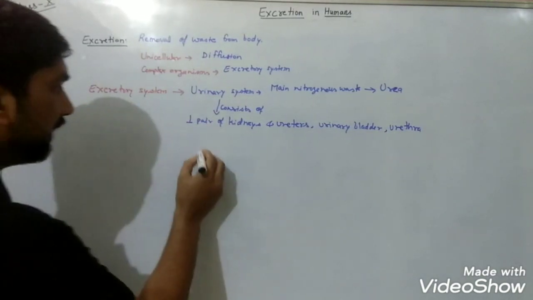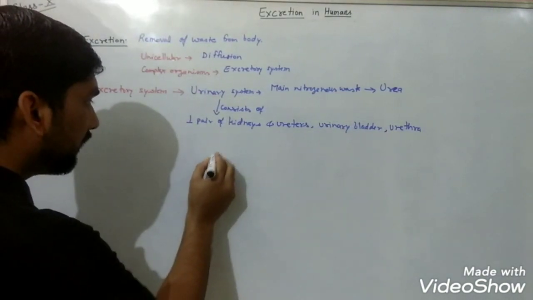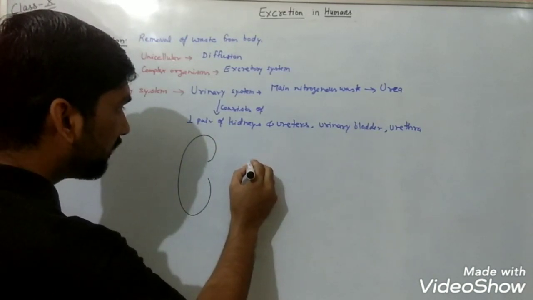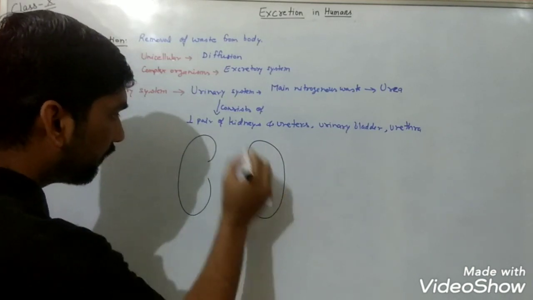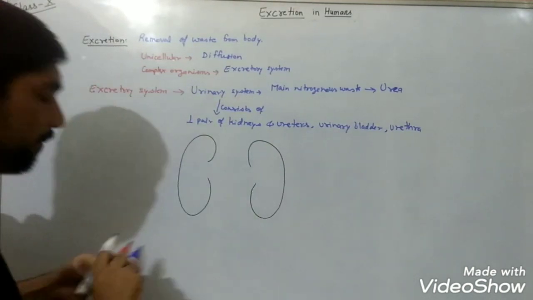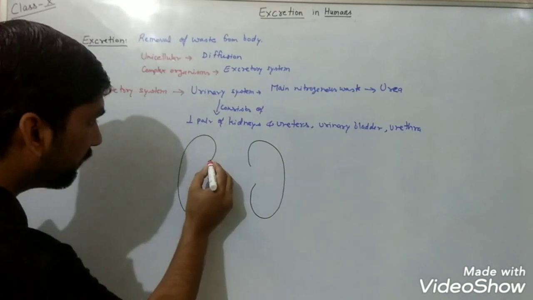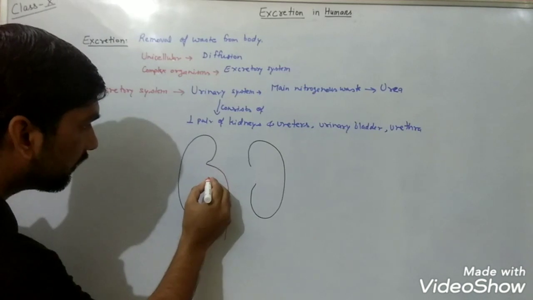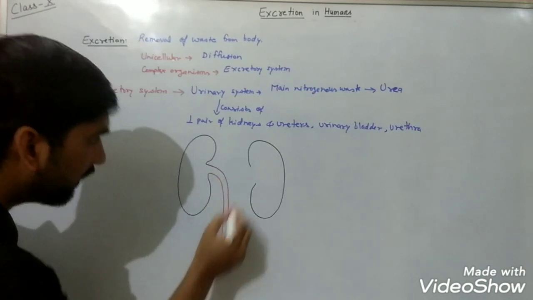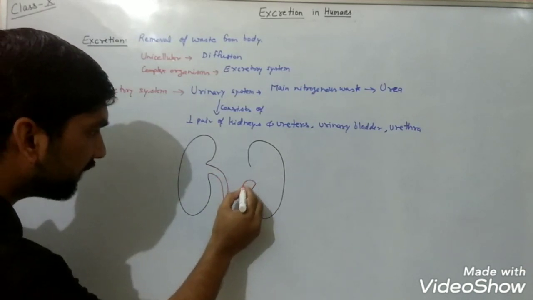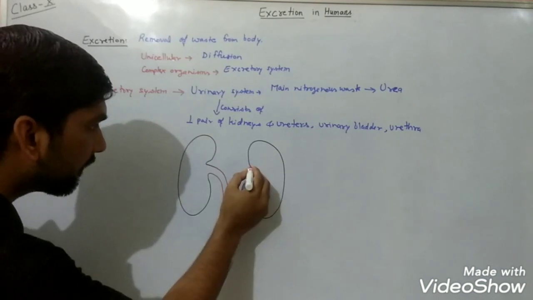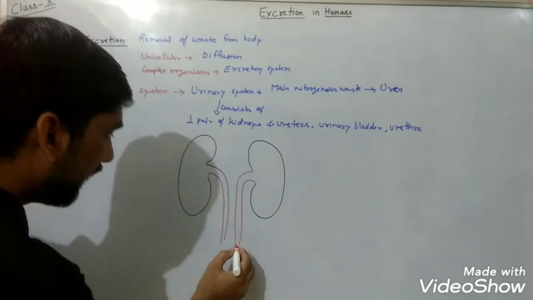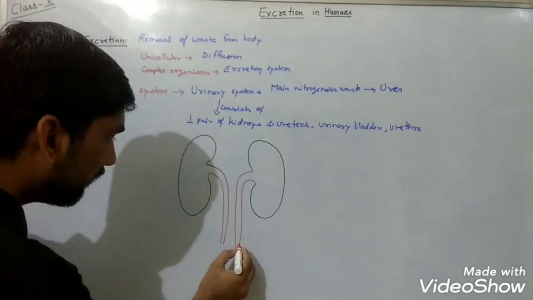So when we see the structure of kidneys, two kidneys are present in our body and they are bean shaped. From each of the kidneys, one tube will come down, and this tube is known as ureter. And finally these ureters go to the urinary bladder.